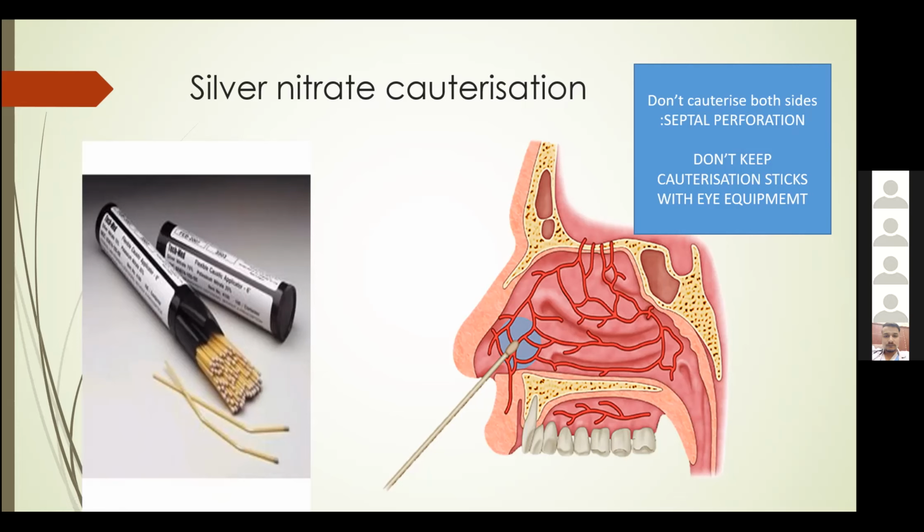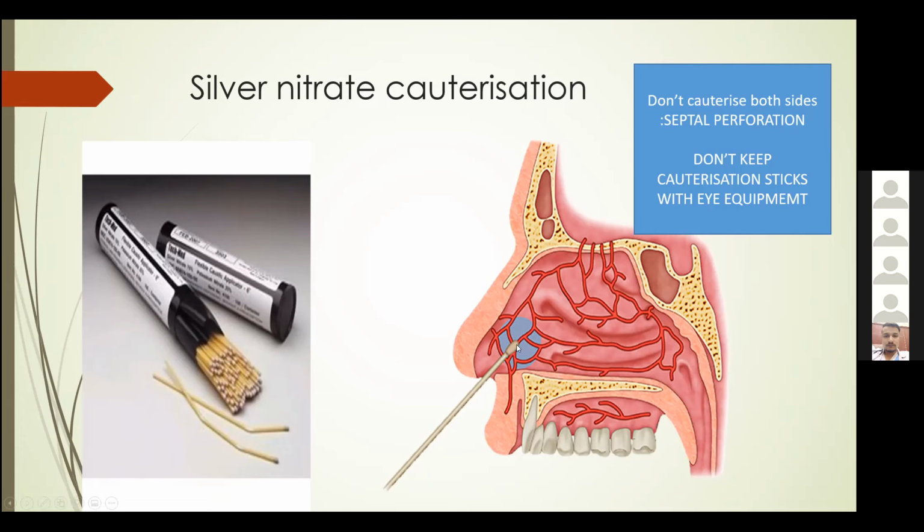Now, this picture I've got here shows how we do the silver nitrate cauterization. Look here. The end of this stick, which has got the silver nitrate, is used to touch the bleeding point, which is in the Little's area.